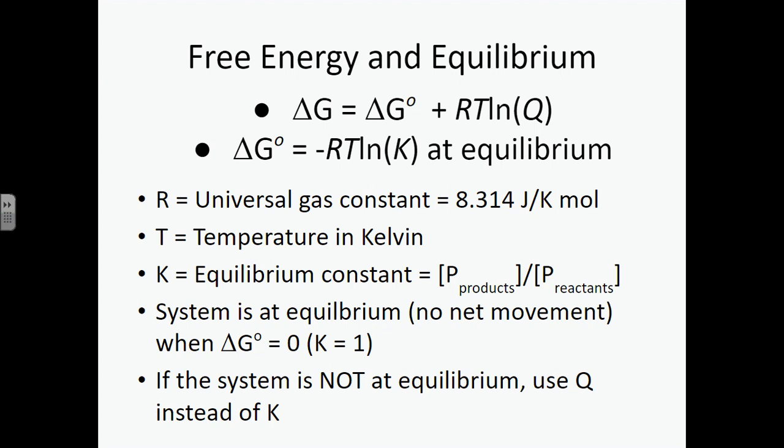And again, that touches on the idea that your Q doesn't necessarily mean it's at equilibrium. So if the system's at equilibrium, meaning there's no net movement, then you have a delta G naught value that is equal to 0, and therefore K is equal to 1. If the system is not at equilibrium, you can use Q instead of K when using this particular equation.